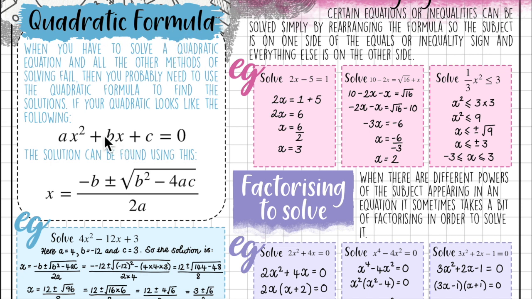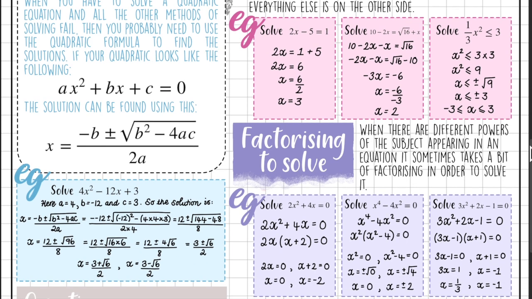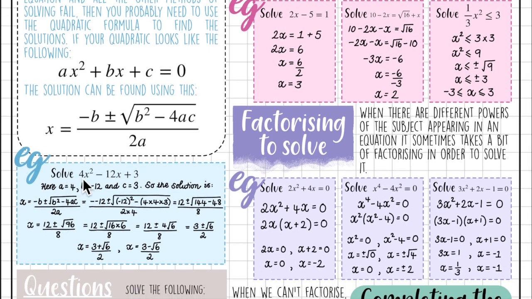So if you have a quadratic of this form, ax squared plus bx plus c, you could always just use this formula. Let's just look at a quick example of this. So we have solve 4x squared minus 12x plus 3. This quadratic is in the form of this quadratic, and here this a here is equal to 4, b is equal to minus 12, and this c here is equal to 3.